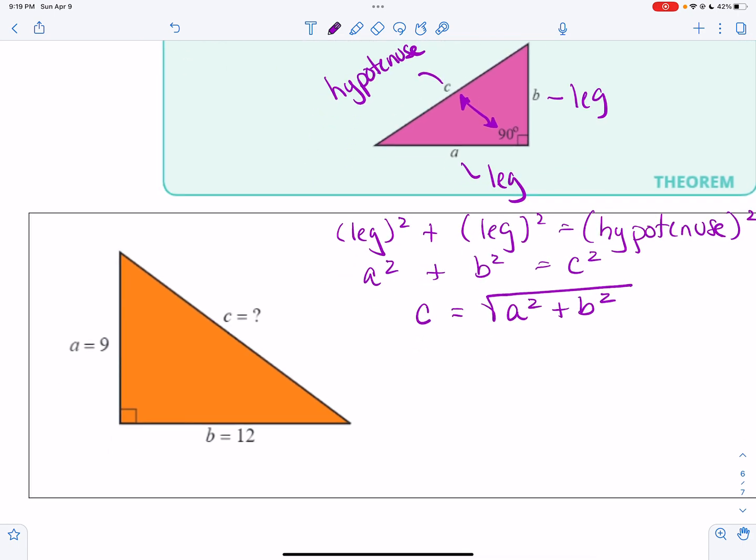So what I'm going to do is plug these in. c is what I'm looking for, the square root of 9 squared plus 12 squared.